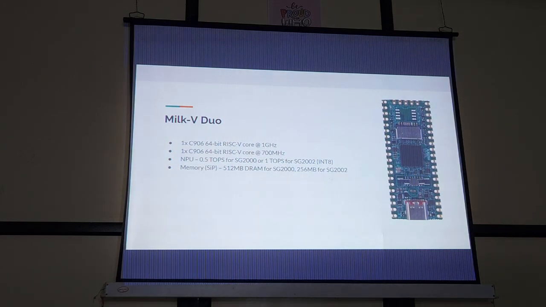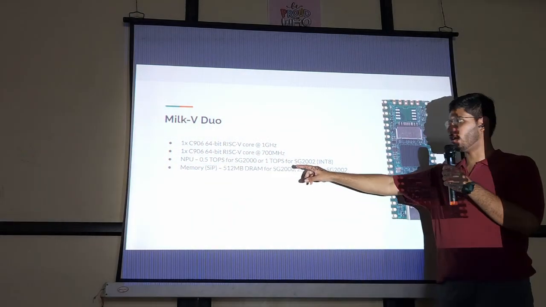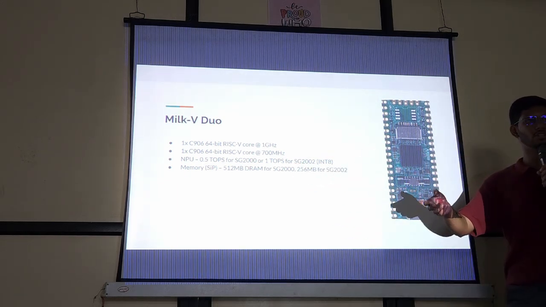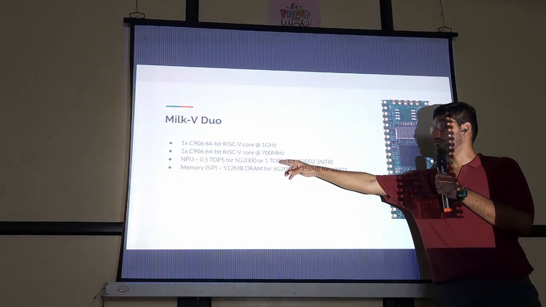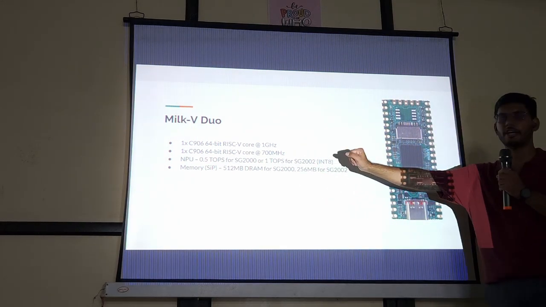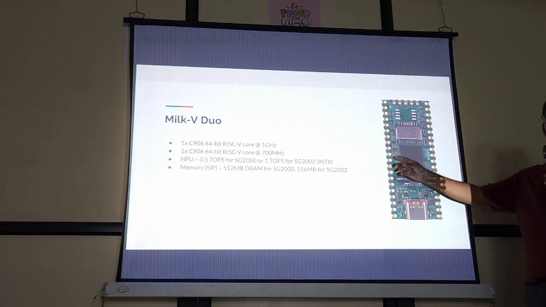It also supports computer vision applications, and it has an NPU of 0.5 TOPS, and the higher version of it has a 1 TOPS NPU. So the current board which I have shown you has 0.5 TOPS, and it is a really good board to tinker around and play around with, and it comes cheap as well.